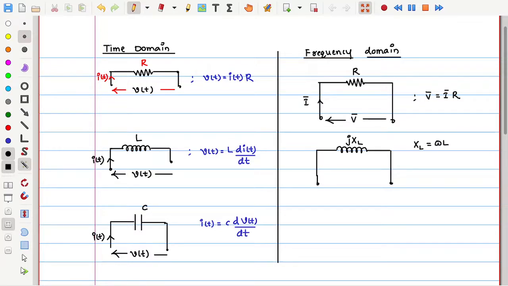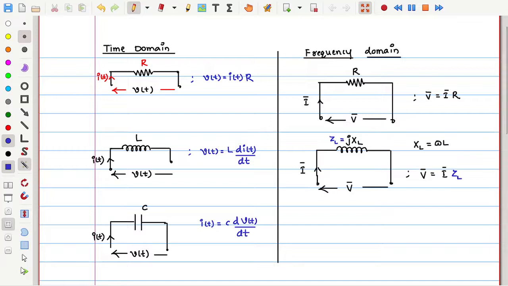Now, if this element of impedance jXL is excited with a voltage of V bar and it results in a current of I bar, then the voltage current relationship for this is V is equal to I into ZL. This can also be referred to as inductive impedance ZL, which is equal to jXL.